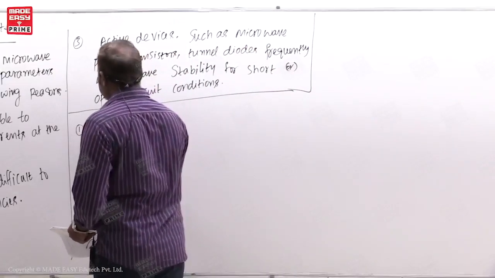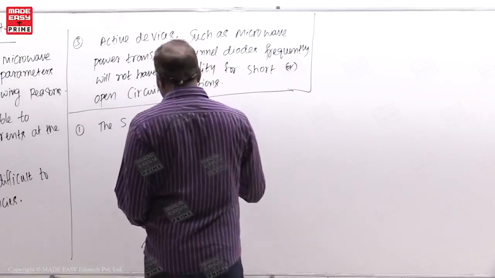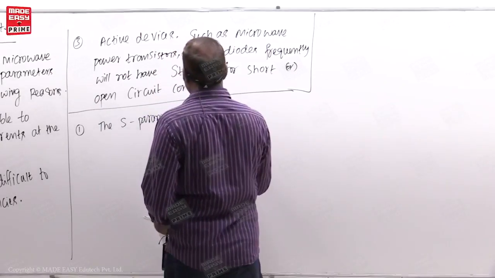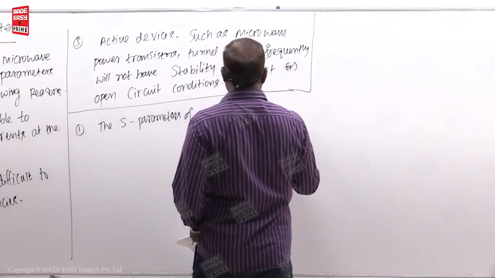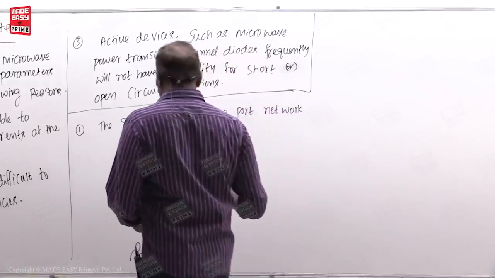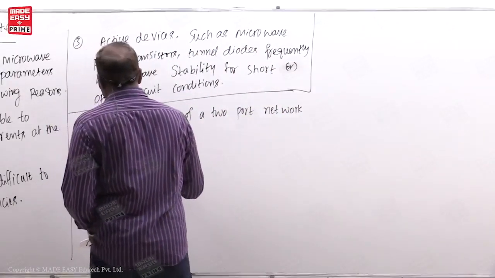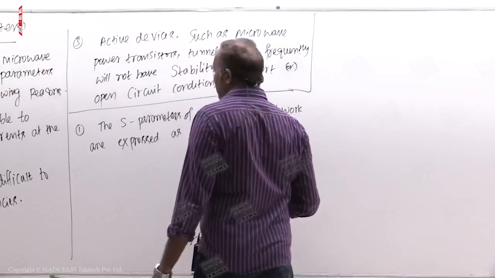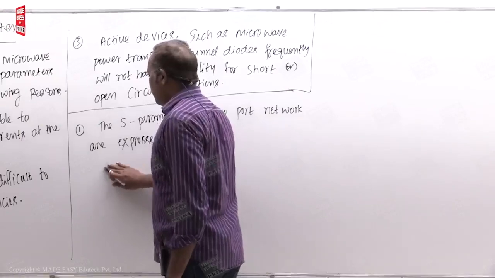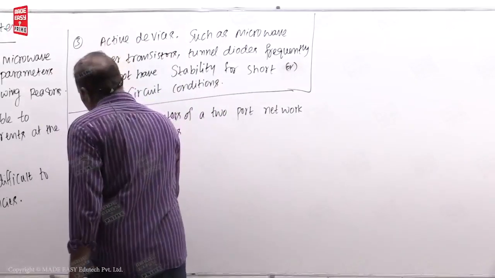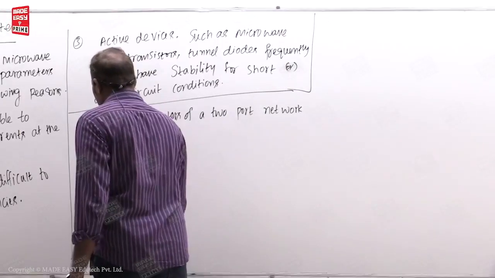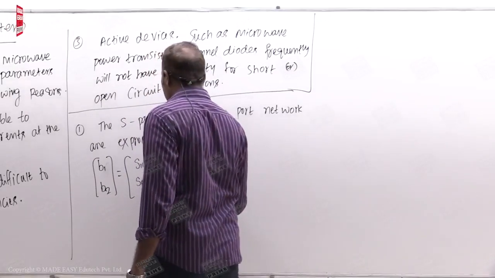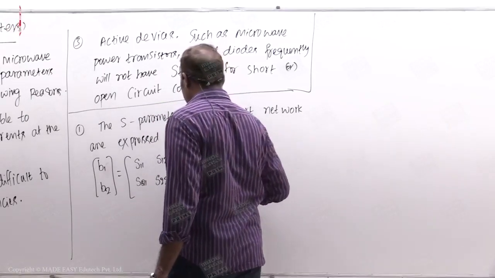Now, first point: the scattering parameters of a two-port network, or simply S parameters of a two-port network, are expressed as [B1, B2] equal to the matrix [S11 S12; S21 S22] times [A1, A2].